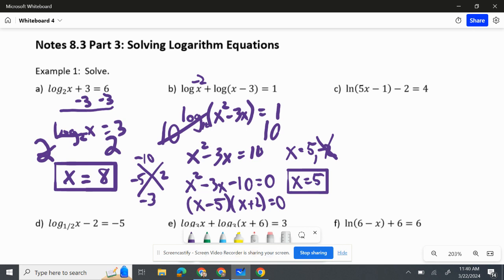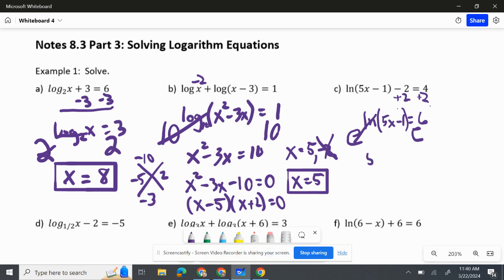For letter C, once again, we want to get the log by itself. In this case, it's natural log. So we're adding 2, and that gives us natural log of 5x minus 1 is equal to 6. In order to get rid of a natural log, we do the base e, because natural log is log base e.